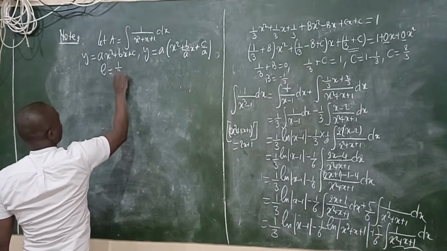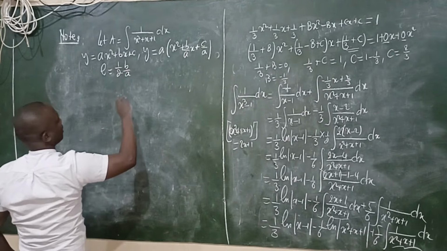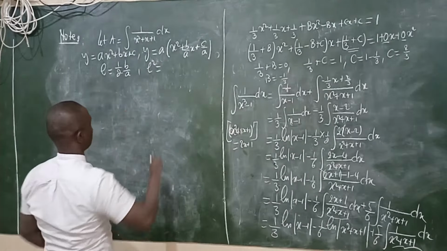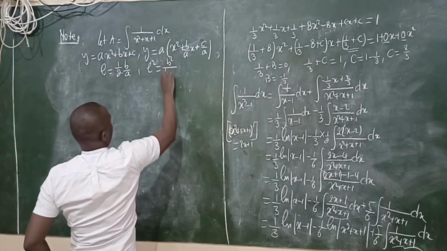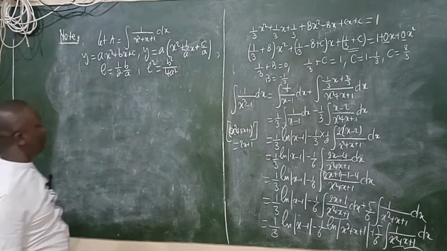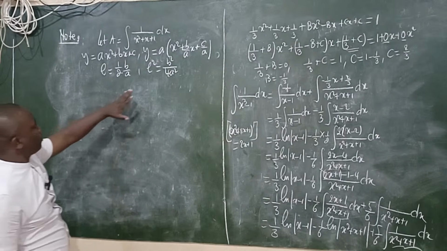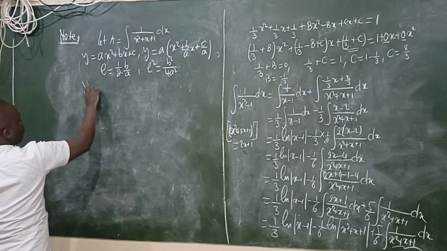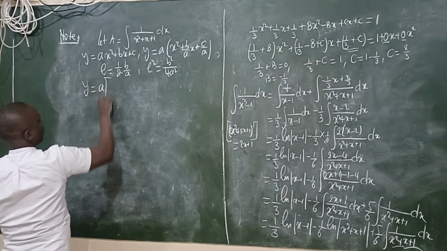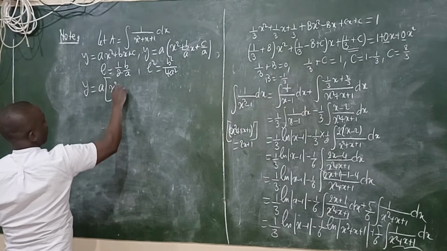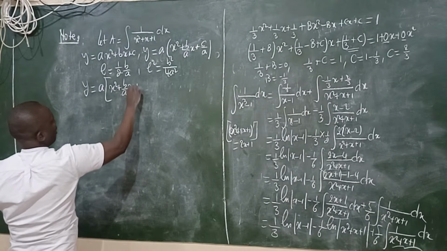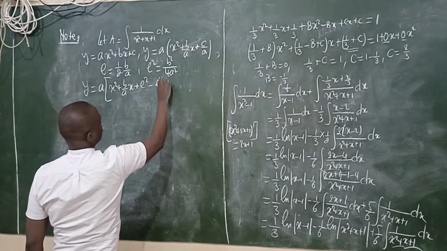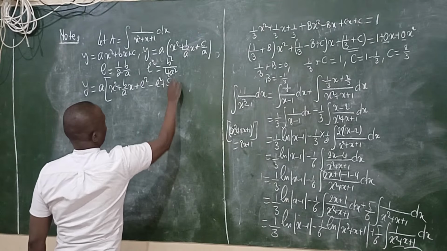This is a half of b over a, and equal to, because you are completing the squares, will be b squared by 4a. Now, we are going to complete the square. To complete the square, y can be a into x squared plus b over a, x plus, minus and plus c over a.